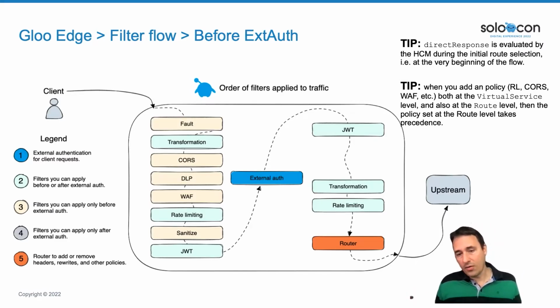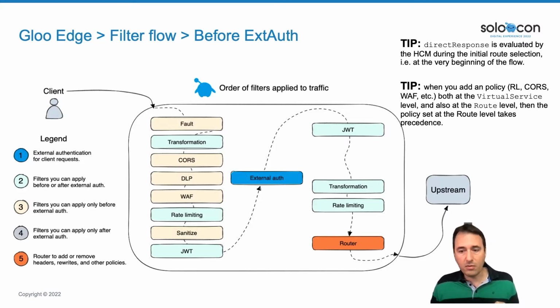Before the external auth, there are several filters that make sense. For example, the WAF, the Web Application Firewall, or the DLP, the Data Loss Prevention, or CORS, or these others. And there is also one at the beginning that is a direct response.